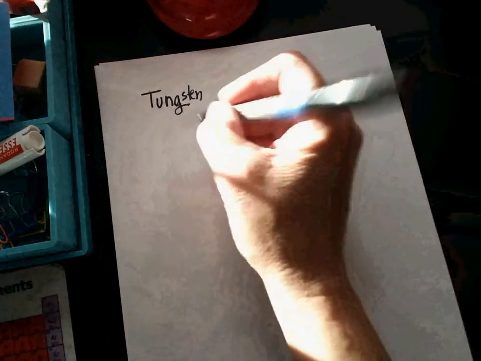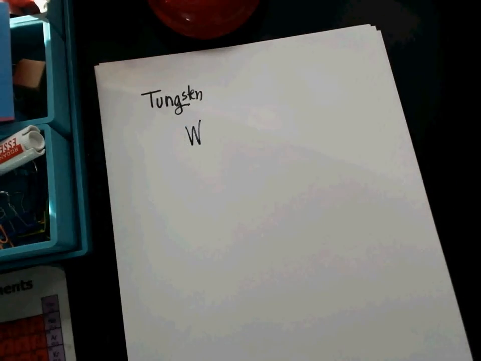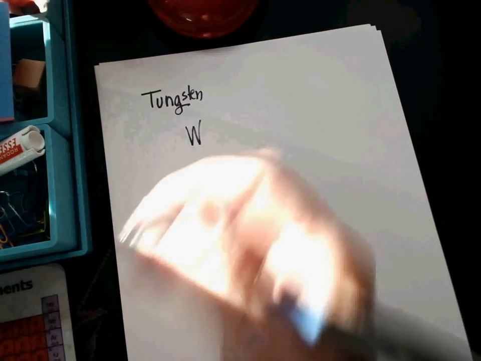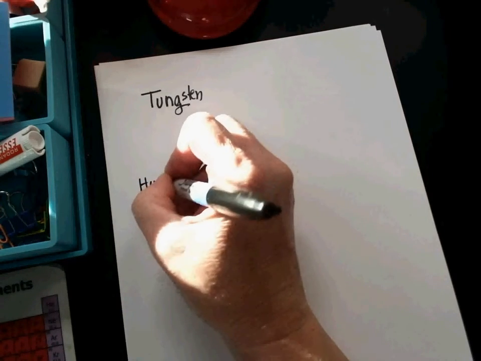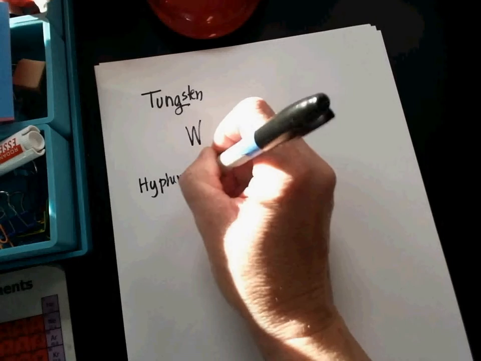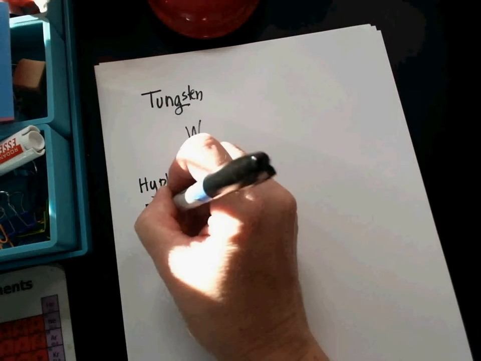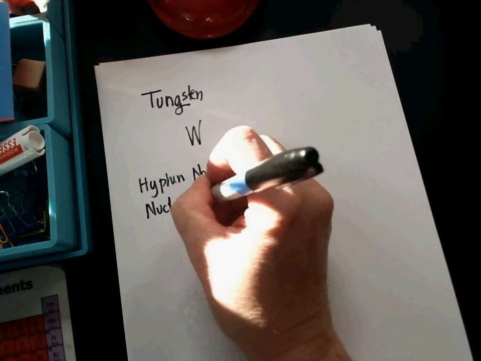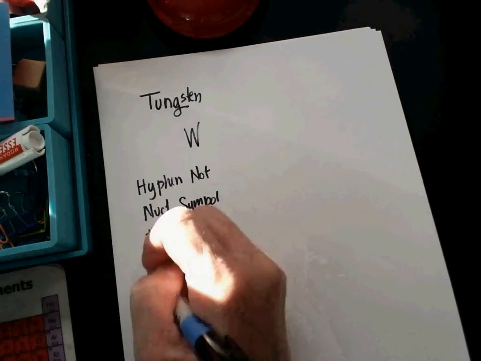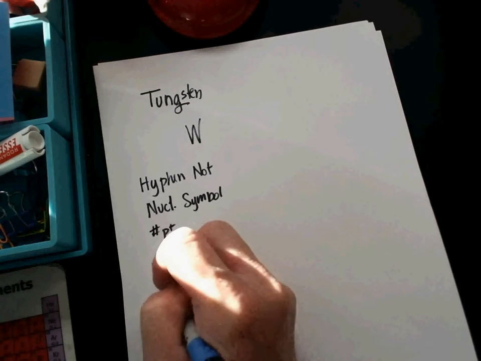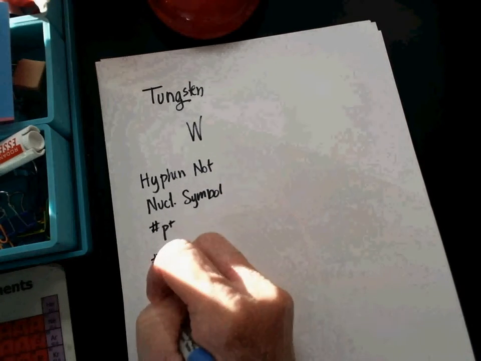W. See, in group 6. Okay, this is what I want you to do with it. For tungsten, I want the following. See if you can do it, and then we'll check with lab partners. I want hyphen notation. I want nuclear symbol. I want number of protons, number of electrons, number of neutrons, and I want the average atomic mass.